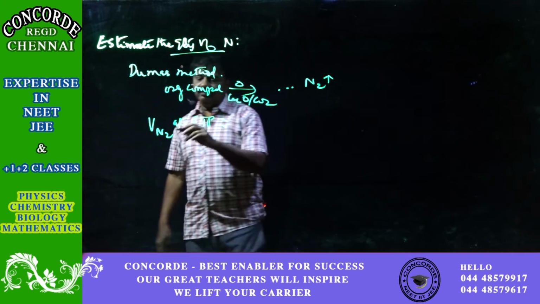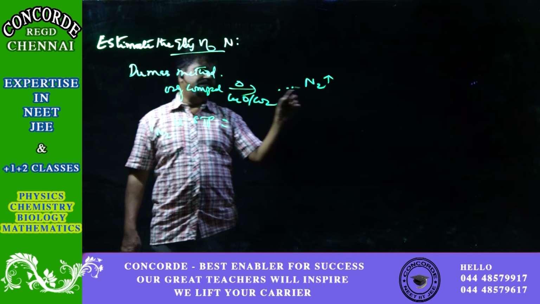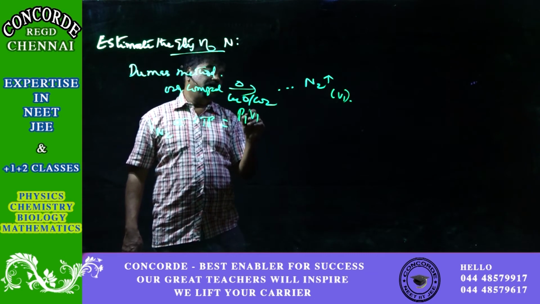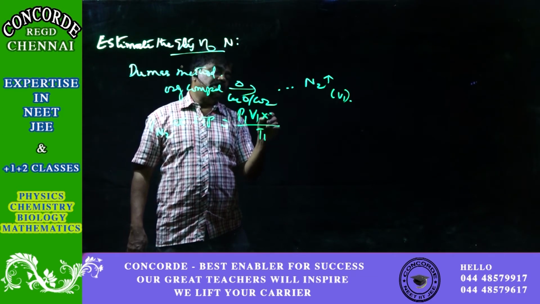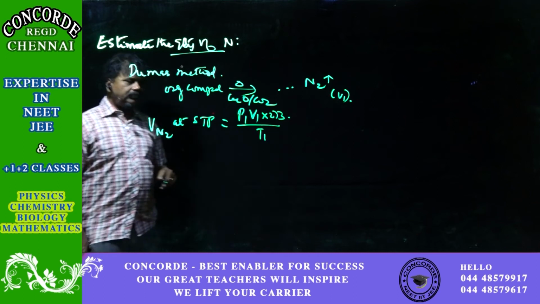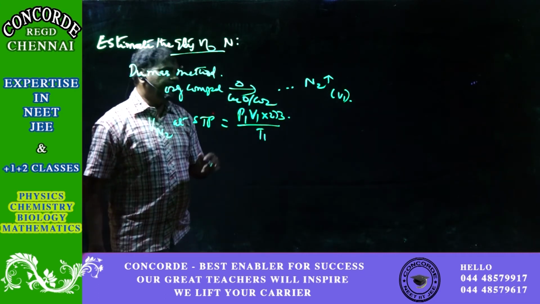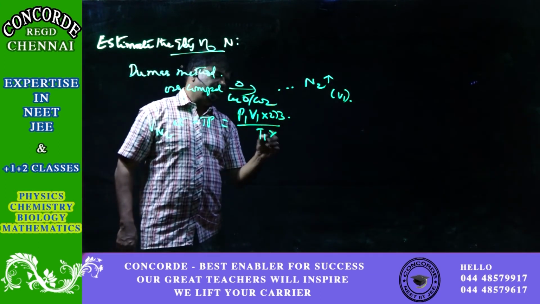If this volume is V1, then the volume at STP will be P1 V1 by T1 into 273 by 760, since whatever the pressure is, it has to be converted to atmospheric pressure.